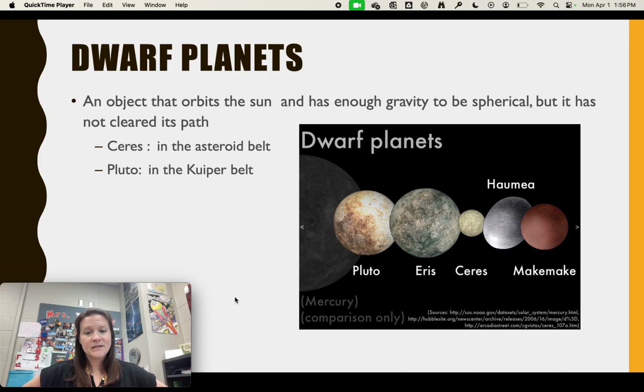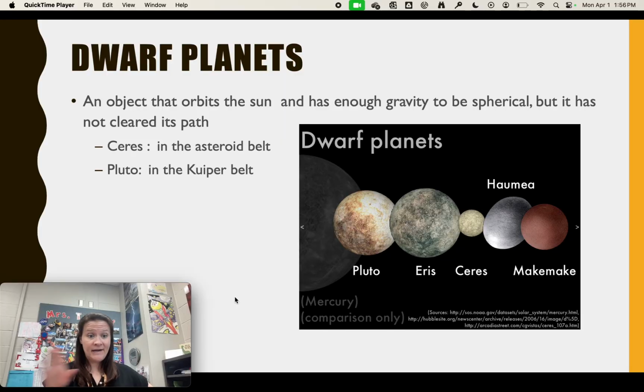When they decided Pluto should no longer be considered one of the main planets, the reason being is that technically it's in the Kuiper Belt, which makes it not have cleared its path. Pluto could still cross paths with other objects and collide. So these are considered dwarf planets.